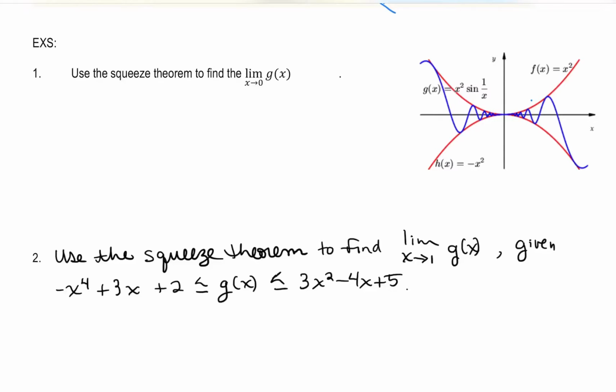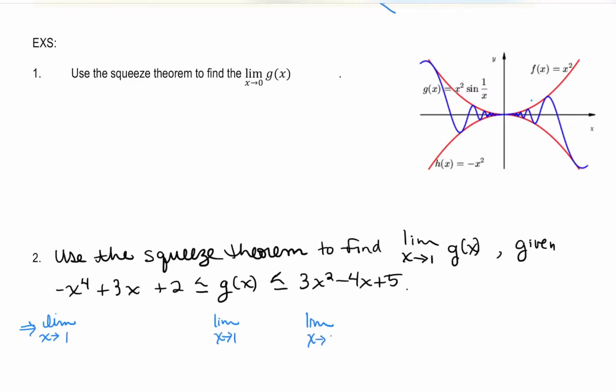Okay, so let's take a look at that. All right, so given this, we already have, in some ways, the hard work done on this one. We already have g of x sandwiched in between or squeezed in between these other two functions. So what we know then is our limit as x approaches 1 of this inequality is going to hold.